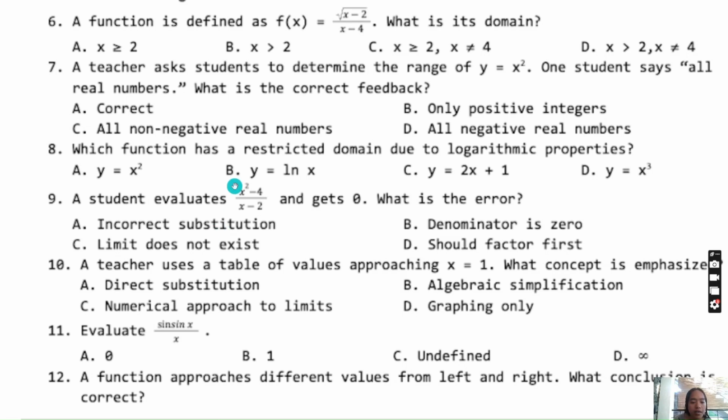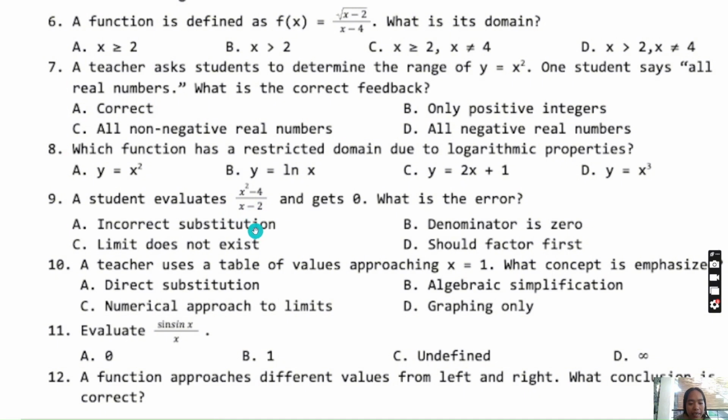In this algebraic expression, x squared minus 4 over x minus 2, we can factor the x squared minus 4 as x minus 2 times x plus 2 using the sum and difference technique.